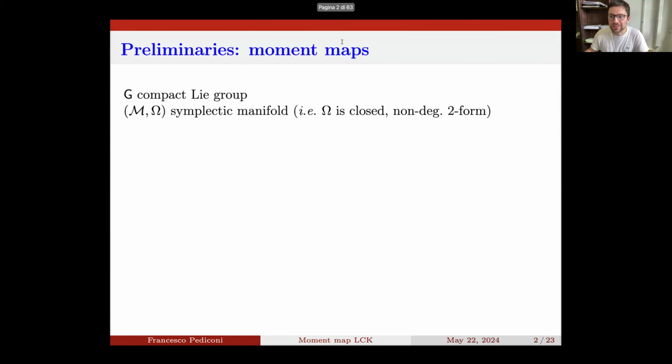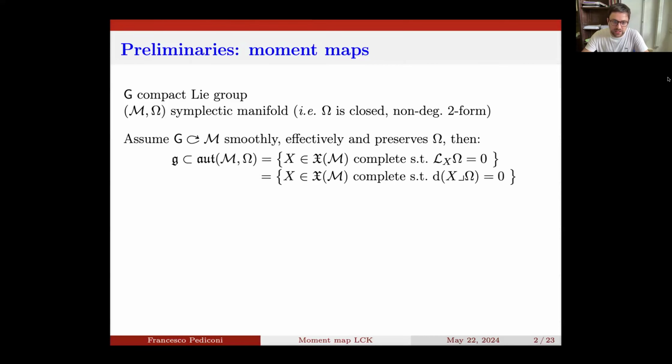Okay, it works. Sorry. Okay, so I would like to start by recalling some preliminaries, and in particular some preliminaries about the moment maps. So consider a compact Lie group acting on a symplectic manifold, where symplectic means that it is endowed with a closed two-form, which is non-degenerate.